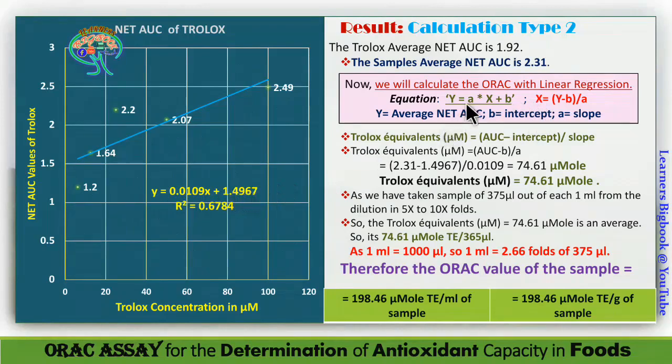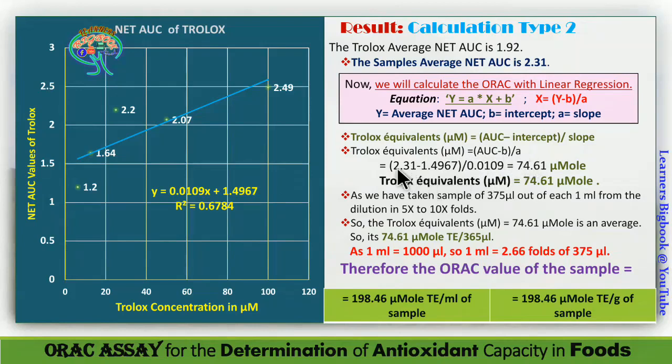You can see ax plus b here: the a value is this, x is present here, and the b value is this. Now when you take this equation and subject the values, x will be the Trolox equivalent micromole, which is equal to AUC minus intercept divided by slope. Trolox equivalents micromoles is equal to (AUC minus b) by a.